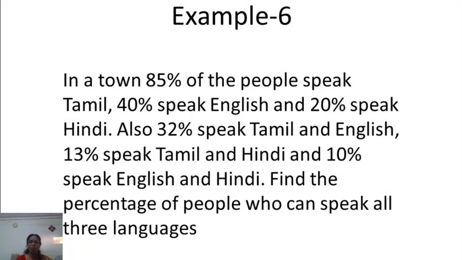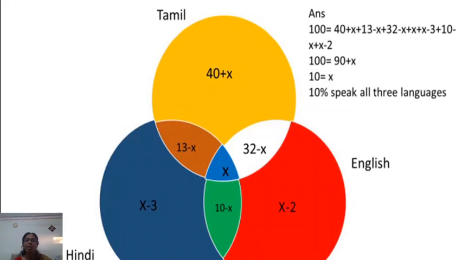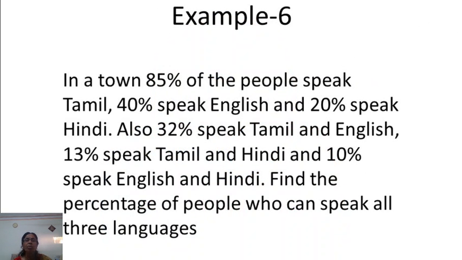Here we have to find the intersecting part of all three circles. See here, yellow circle, blue circle, red circle. We have to find those who speak all these three languages, Tamil, English and Hindi. So let this be X, and by the given data find the others.